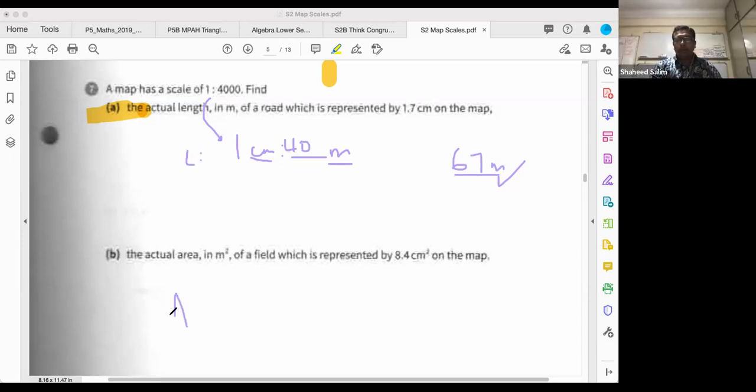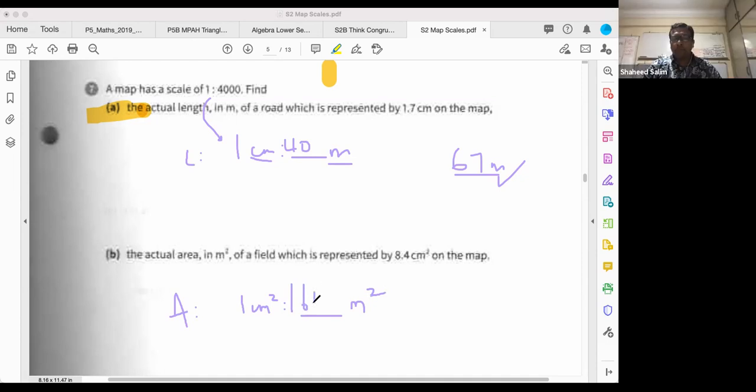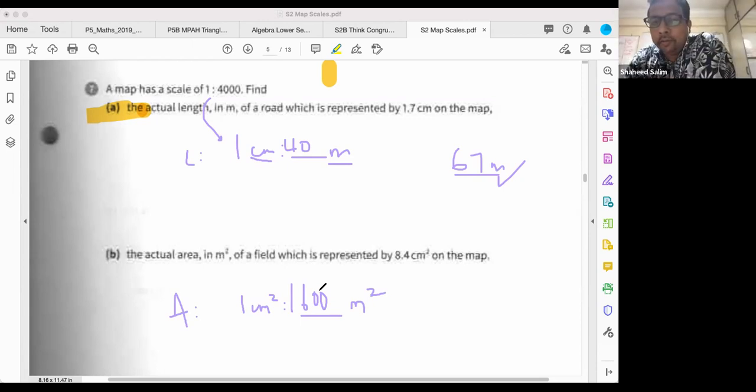For area, can you give me the scale now? 1 cm square to... square it. Square the 40, how much do you get? 1,600. Do you feel confusion? No. Okay, then you can do this one now. What is 8.4 square cm?